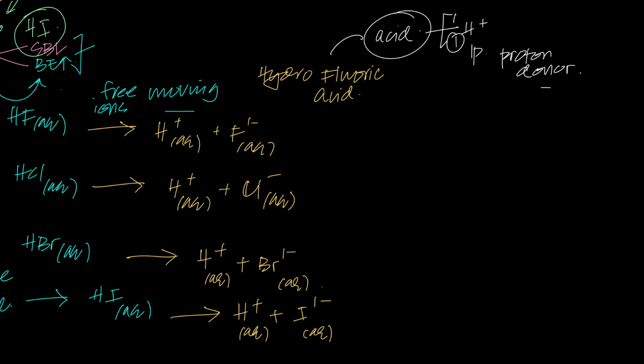The moment you take these hydrogens covalently bonded to chlorine, bromine, fluorine, iodine, and add them to water, it dissociates to give you protons. The bonding changes. You go from covalent bonding to free moving ions. That's why acids can conduct electricity, because they have mobile ions, not electrons, which can carry charge.